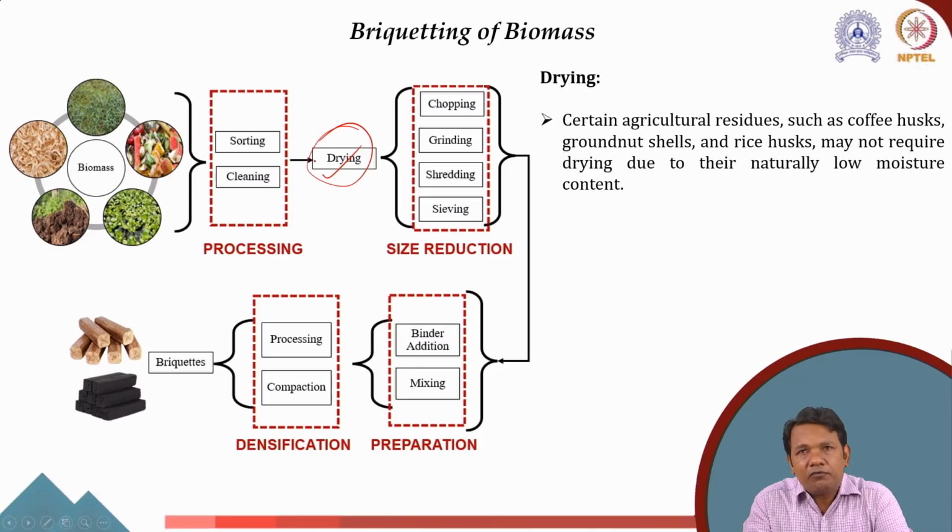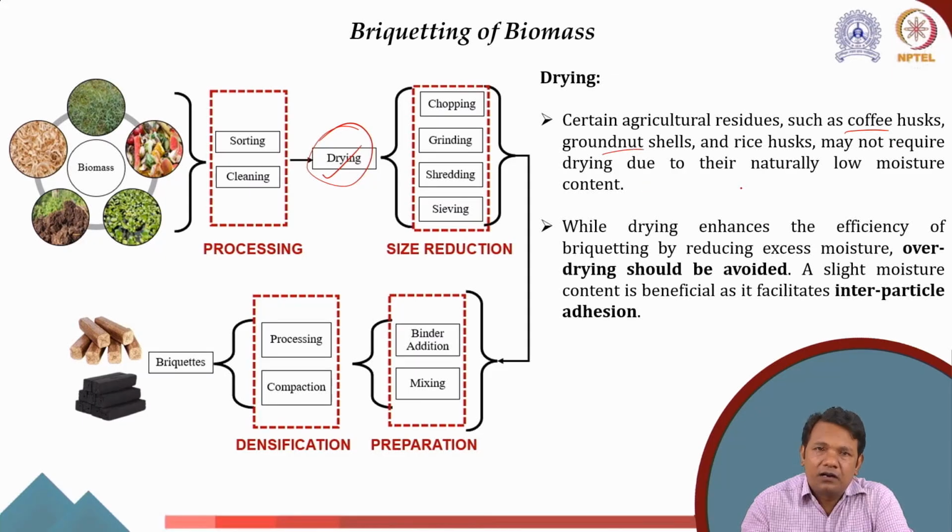But if we look at why drying is required, we have different types of biomass. For example, coffee husk, groundnut shell, rice husk. These are mostly dry. They may not require that intense drying because usually they get dry naturally.